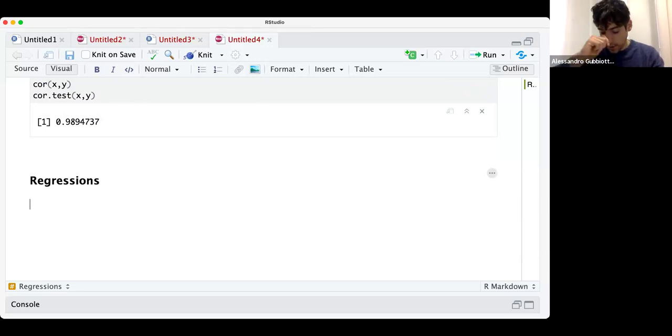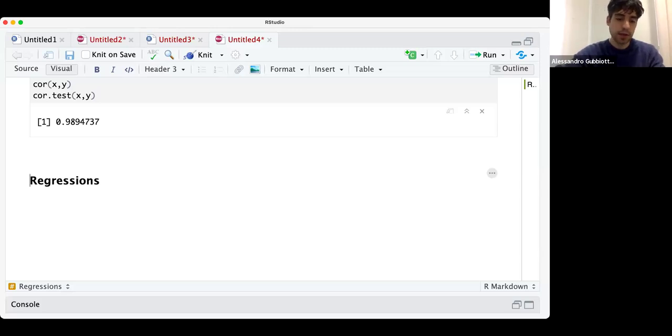The topic of regression is a way to relate many variables. In this case, we will start with 2 variables.